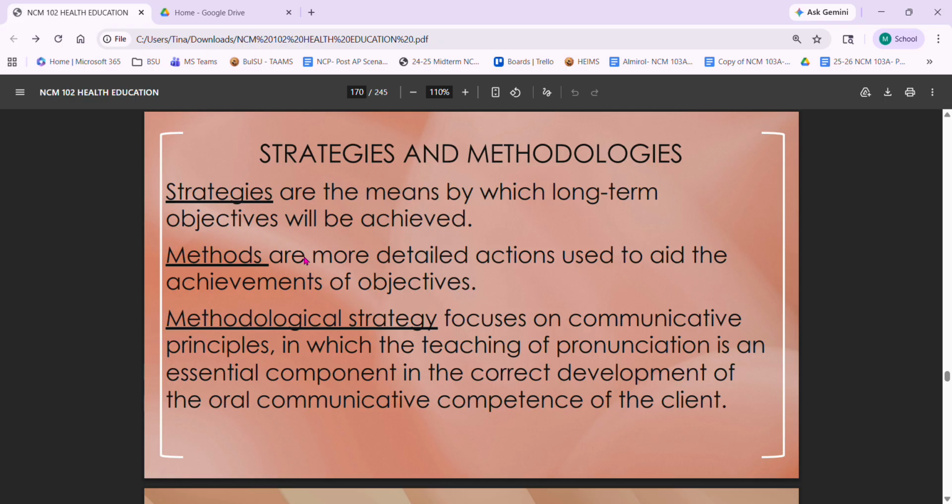So, technically, yung strategies, long-term objective will be achieved. Okay? Pag methods, more detailed action para ma-achieve mo yung objective. And yung strategies, more of the communicative principle.